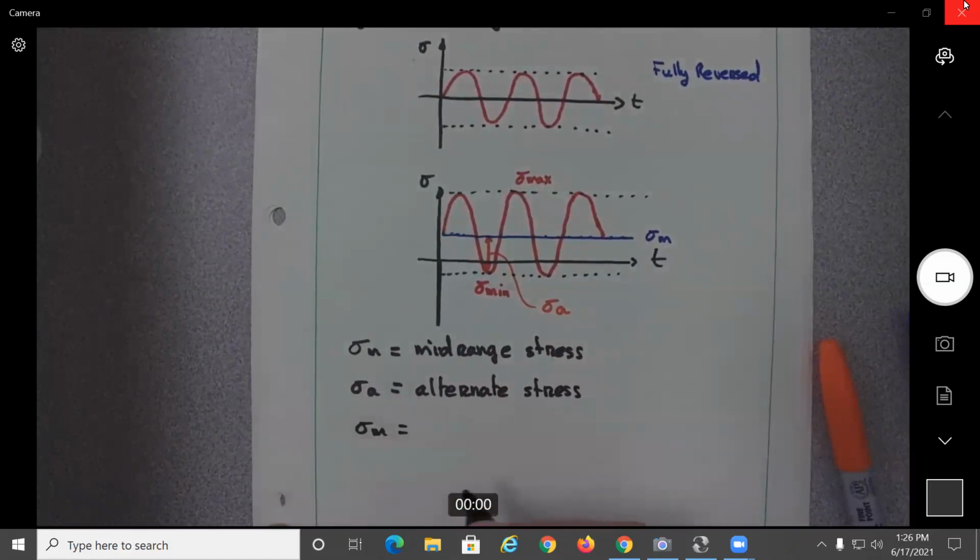Sigma sub m will be equal to max plus minimum divided by 2.